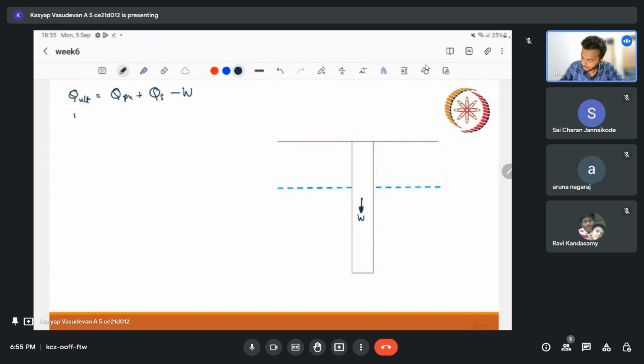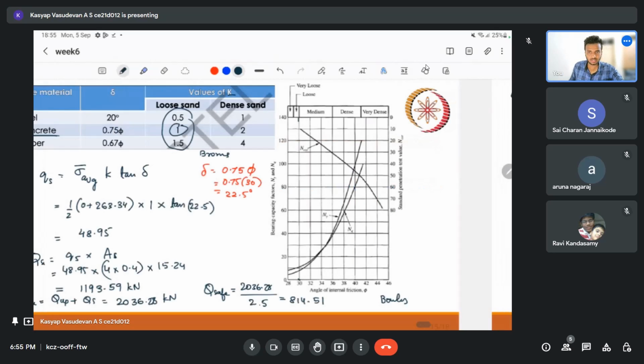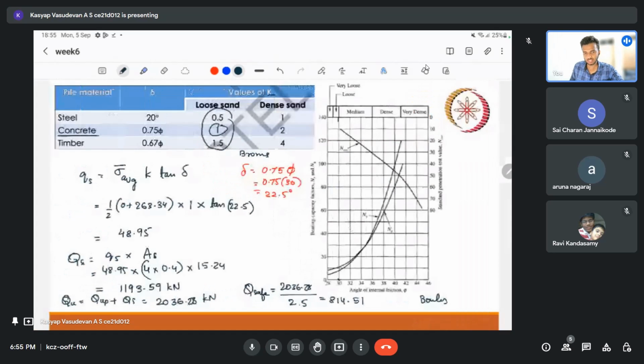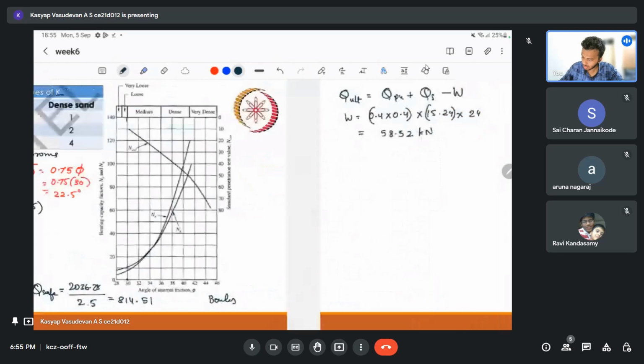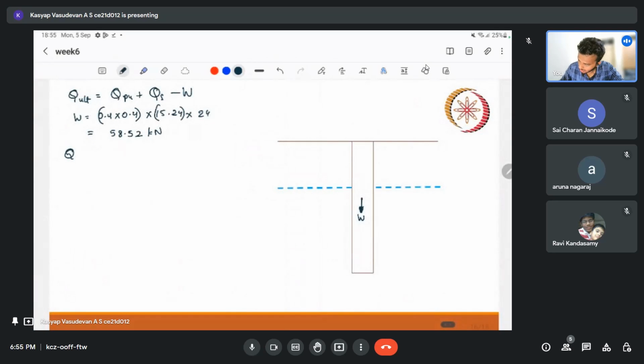So if I find weight is equal to, I can write 0.4 into 0.4, that is the area into length of the pile. So we got the volume of the pile into 24, assuming that 24 kilonewton per meter cube is the density of the concrete. Having said that, we can get this weight as 58.52 kilonewton. But compared to this, it's very less. So if you want a rough estimate, we need not consider it.